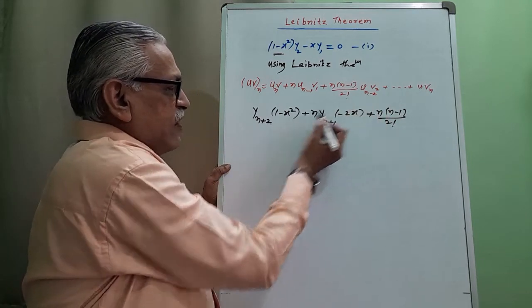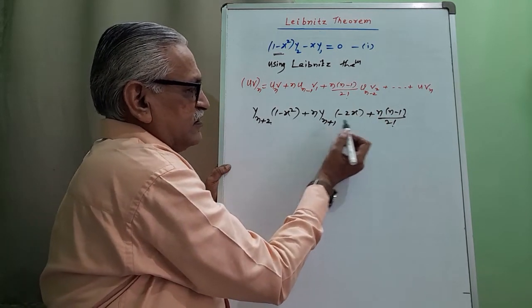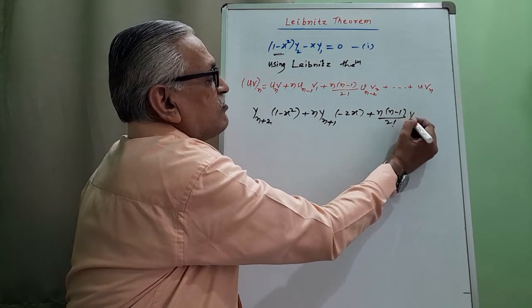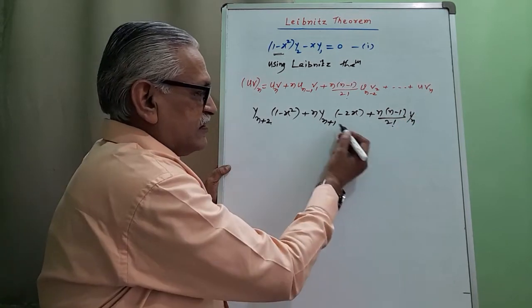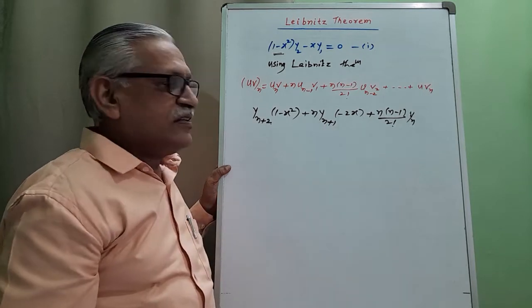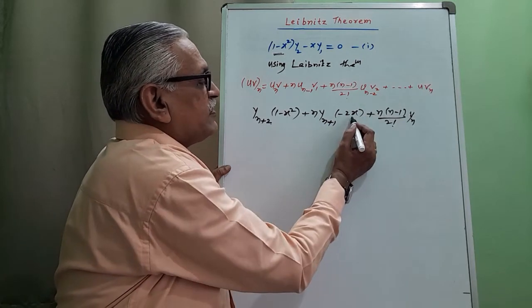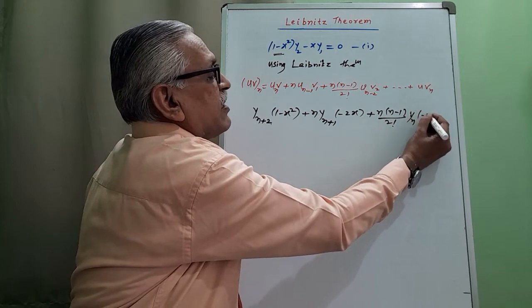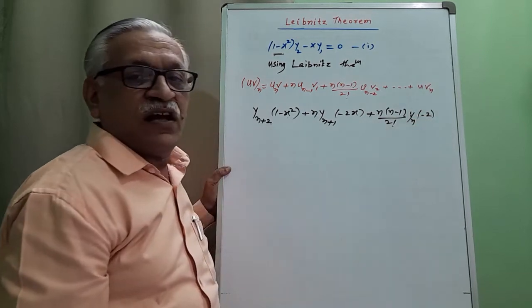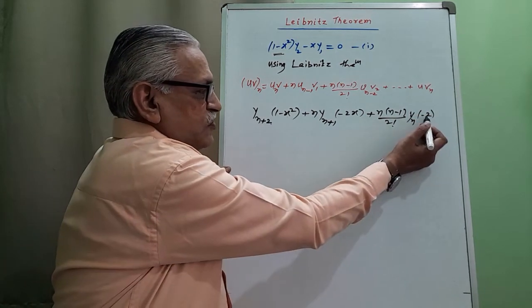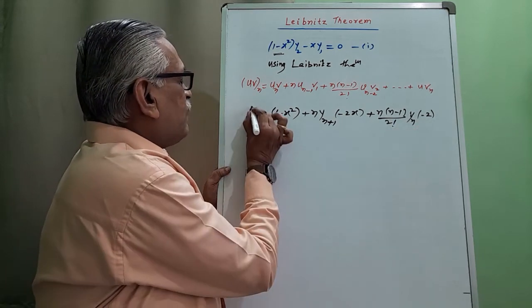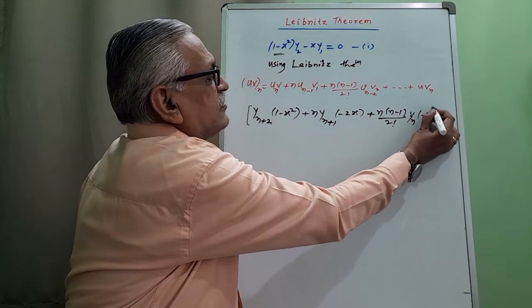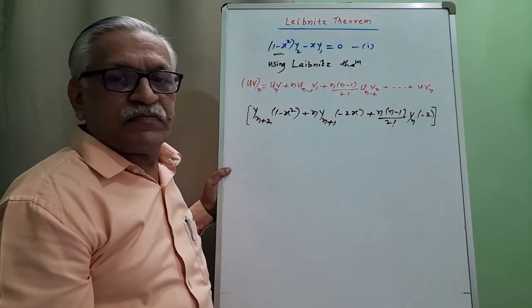Again decreasing it by 1, therefore next term is yn, into v2, the next derivative of minus 2x. It is minus 2. And next becomes 0 as the derivative of minus 2 is 0. We stop here. This is the nth derivative of the first term.